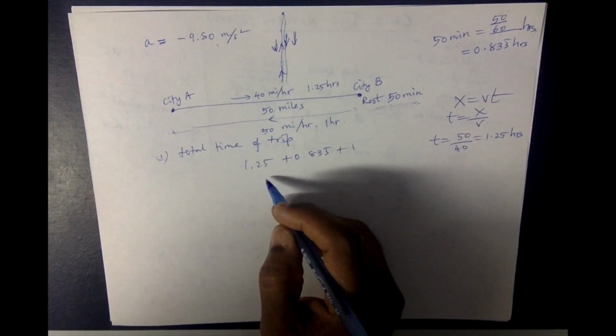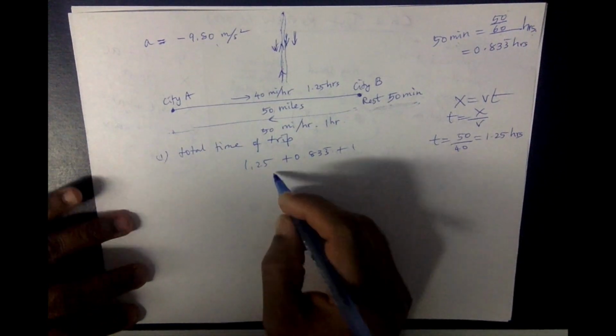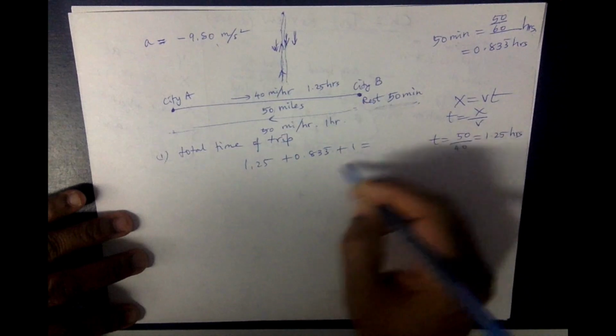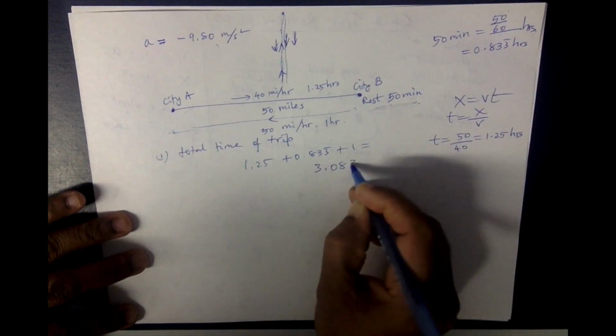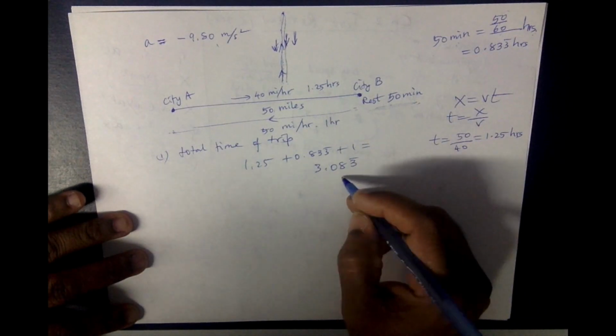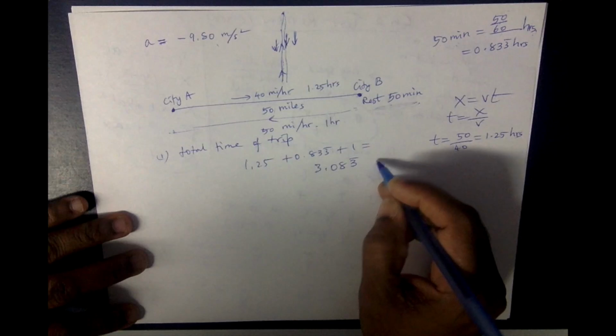Okay, so when you add them up, it is 3.083 repeating hours. You can just write 3.08 according to sig figs, 3.08 hours.